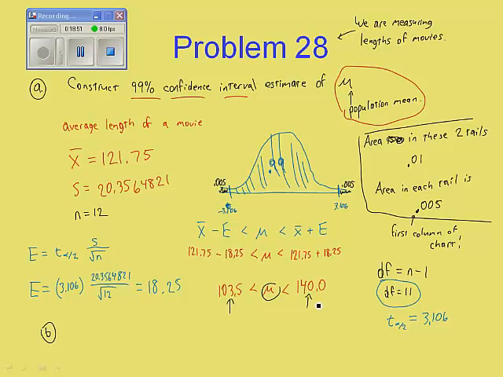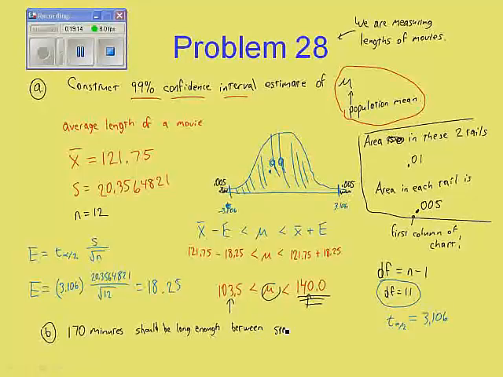So if I add 30 minutes to, say, the bigger of the two, then as long as I allot 170 minutes, that should be enough time between start times for the average movie. Almost 3 hours, right? 180. So yeah, 170. This says you should allow 2 hours and 50 minutes between shows.